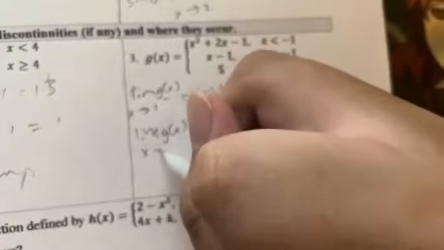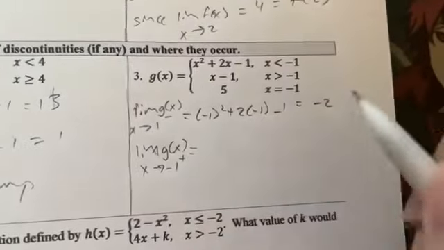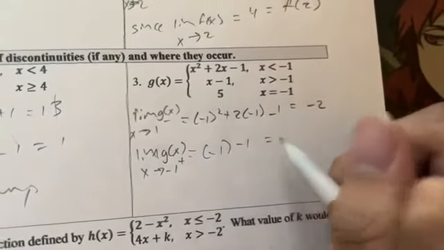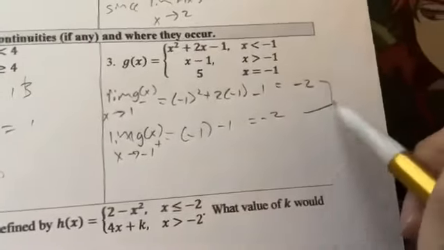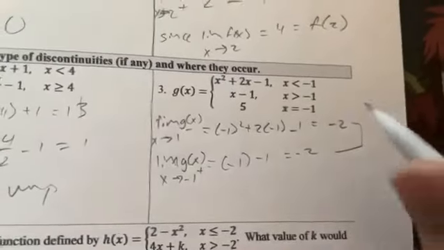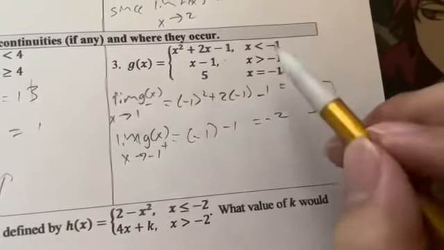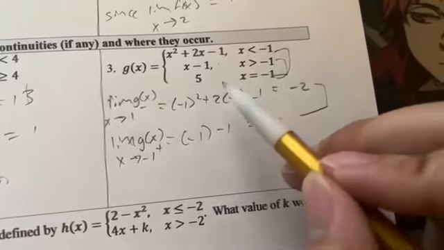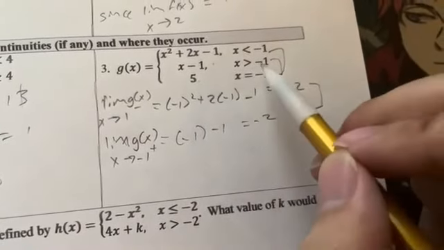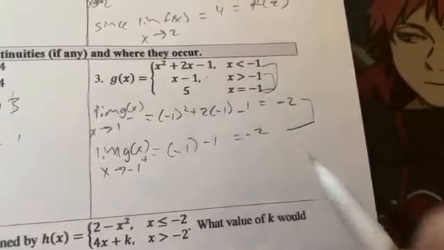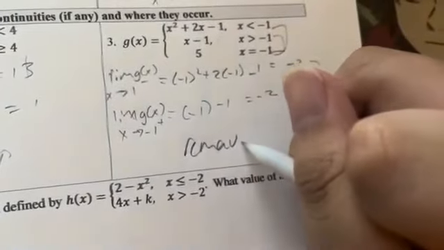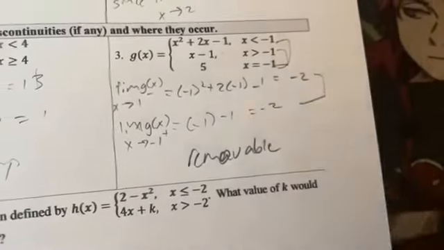And then the limit of g of x as x approaches -1 from the right, we'll use this equation, so -1 minus 1, which is -2. Since these two are equal, but the function value when x equals -1 is 5, while the limit as it approaches is -2, it's such a large difference, we know that is a removable discontinuity.